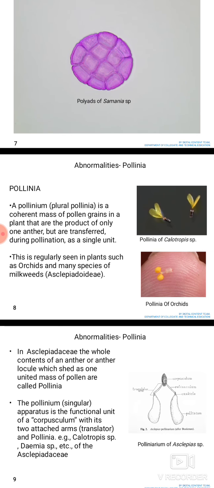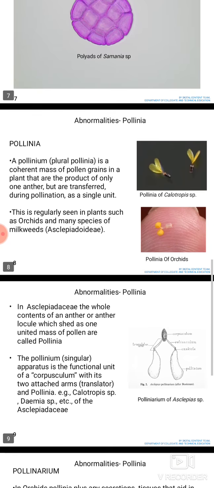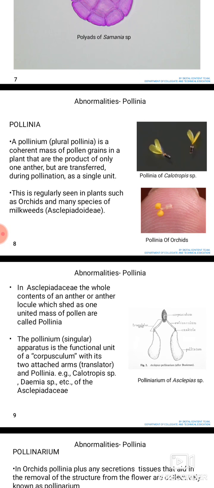Pollinia. Pollinia is a coherent mass of pollen grains in a plant that are the product of only one anther but transferred during pollination as a single unit. This is regularly seen in plants such as orchids and many species of Asclepiadaceae, that is the milkweed family.